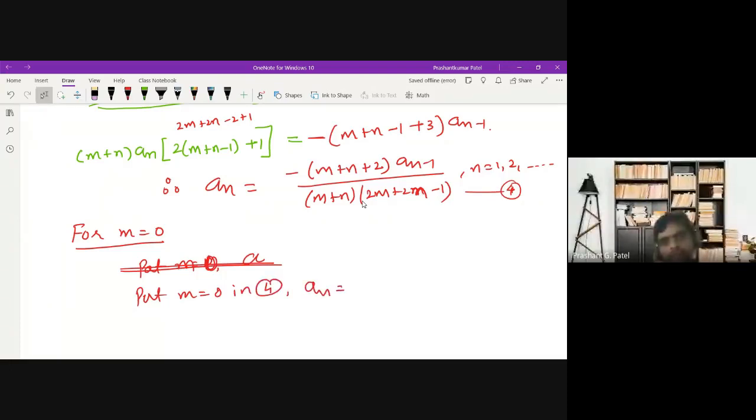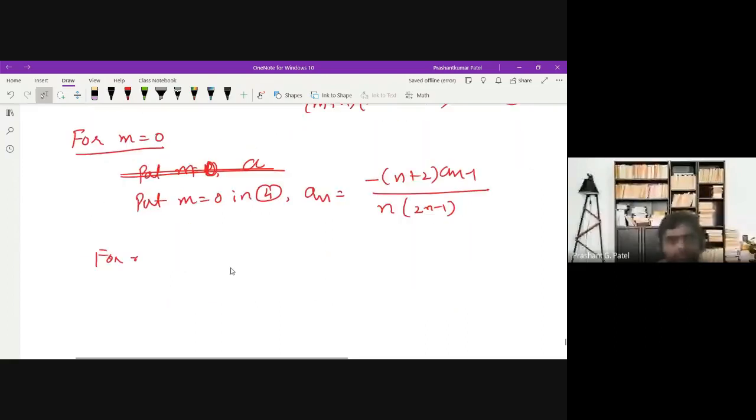We have a_n will be minus (n plus 2) a_(n minus 1) upon n(2n minus 1). This is true for n equal to 1, 2 and so on.